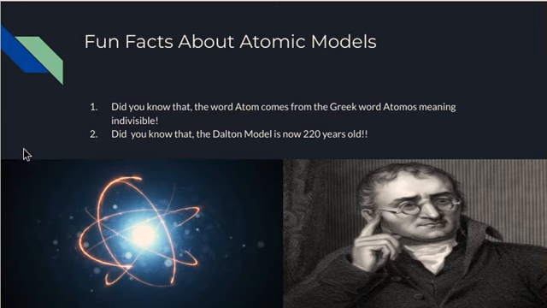But the thing is that we now know that atoms aren't indivisible, right? Because if they were indivisible, that means it would just be solid. It would just be that, just like a billiard ball. But there's components like electrons, protons, and neutrons, right?